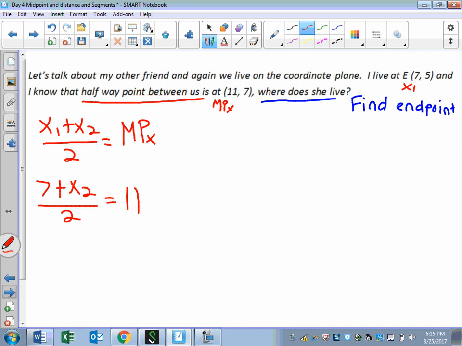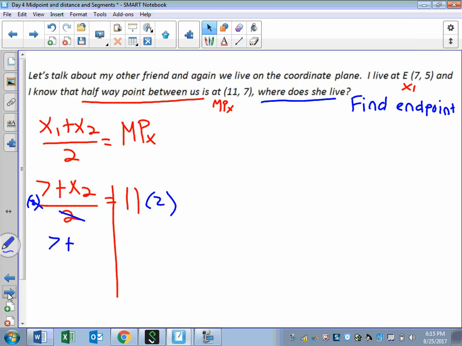So now we just use some algebra. We have this big divided by 2, so we're going to want to multiply by 2 first to get rid of that. Times 2 cancels that out. So we have 7 plus x2, because we still don't know that, equals 22.